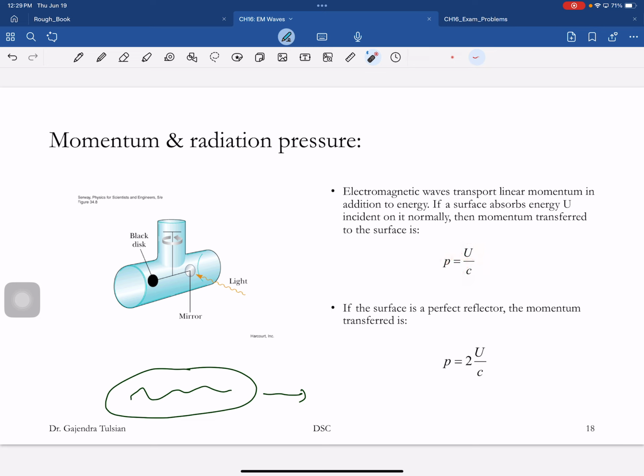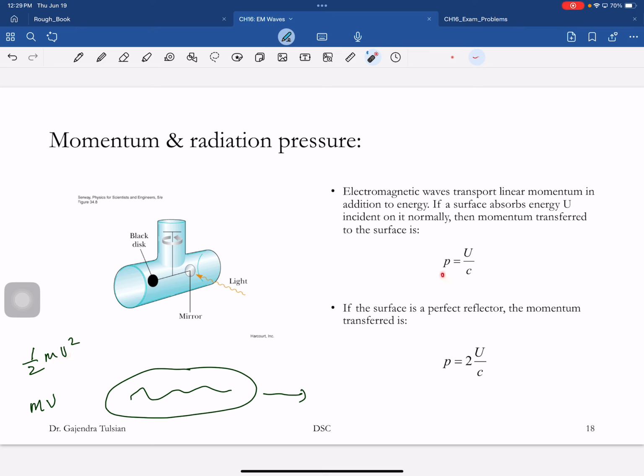Okay, see, remember for your bullet, what was the formula for the kinetic energy? 1/2 mv squared. What was the formula for the momentum? mv. So momentum is energy divided by velocity. Okay.